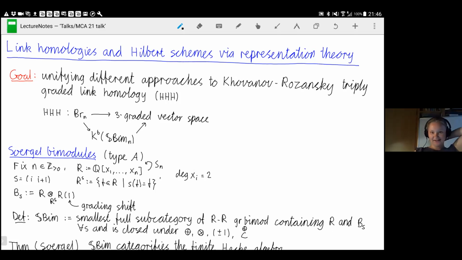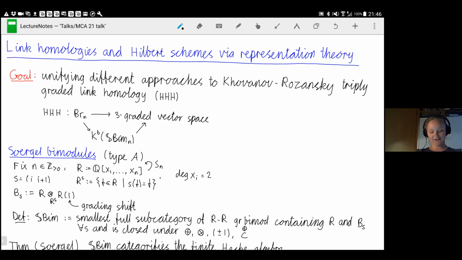The idea of this project, which is joint with Roman Bezrukavnikov, and which I also discussed quite a bit with Alexei Oblomkov, is to try to unify some of the different approaches to Khovanov-Rozansky triply graded link homology, because this is a field where there are conjectural constructions in this direction in terms of Soergel bimodules, matrix factorizations, and all sorts of stuff. So this project connects together at least two of those.